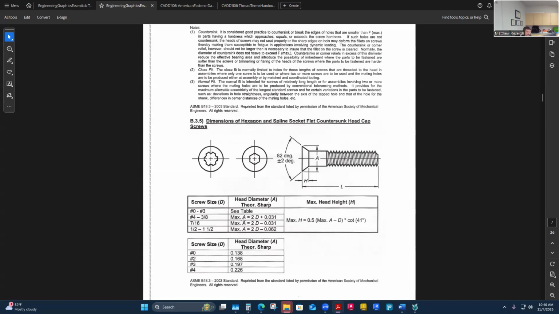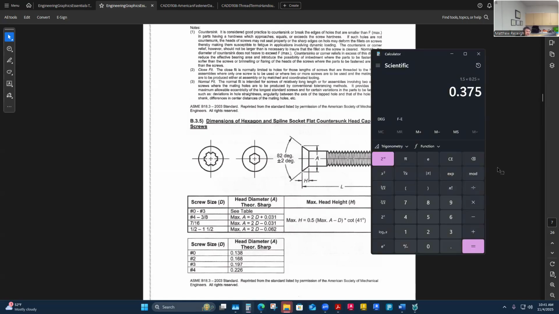Ours fits in here though, so in order for me to figure out my max diameter, it's 2 times the diameter, or the major diameter. So 2 times 1/4 inch for me, plus a little bit of what I call a fudge factor here, plus 0.031. So 2 times 1/4 inch should be 1/2 inch, but let's just pull up my calculator and do it like I would.